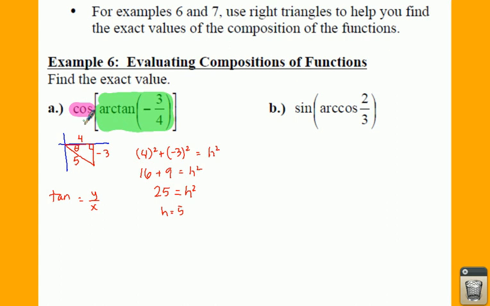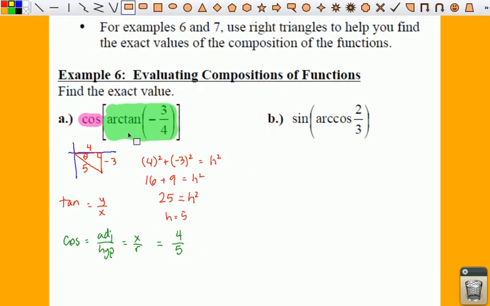So our cosine is your adjacent over your hypotenuse, or another way to say it is your x over your r, your radius. So we're going to say our adjacent side is 4, our hypotenuse is 5. And that, my friends, is how you use a composition of functions to find the cosine.